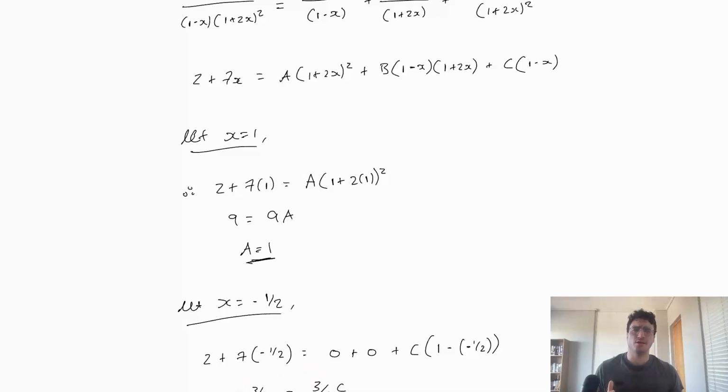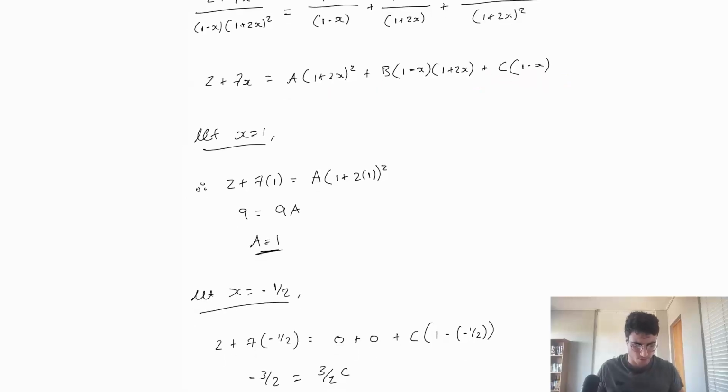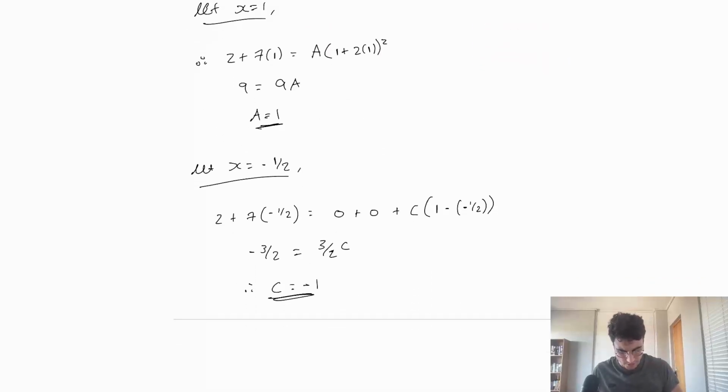Now what about B? What do we do for B in this scenario? Well, for B, what we're going to do here is say, look, we know that 2 plus 7x, okay, is equal to this plus this plus this, okay? So really what we have is 2 plus 7x plus 0x squared, okay?